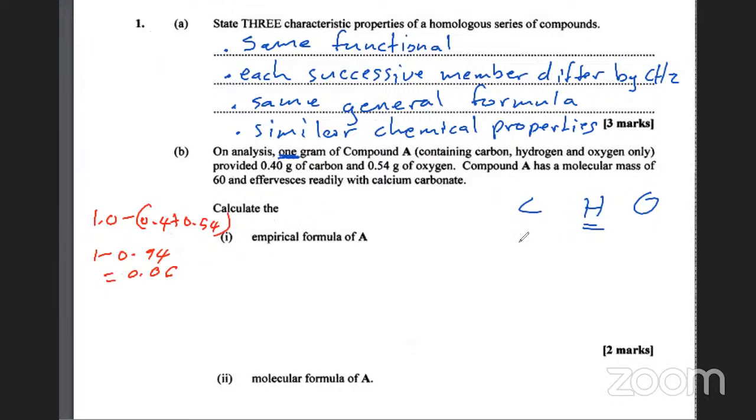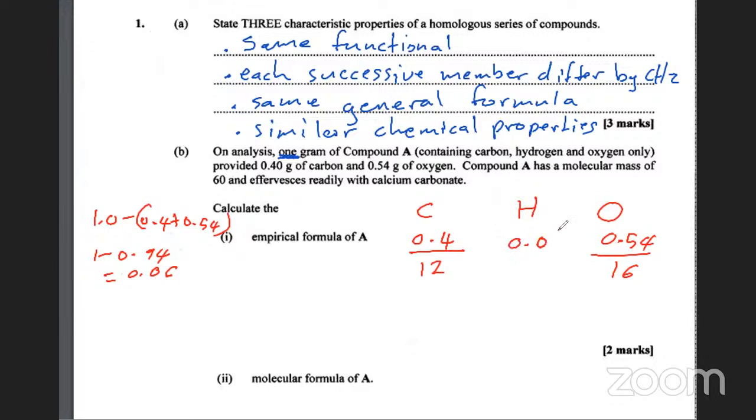If you remember the empirical formula calculation, the first thing you will do is calculate the moles of each. Mole is mass divided by molar mass. Oxygen, 0.54 divided by 16, and hydrogen, 0.06 divided by 1.